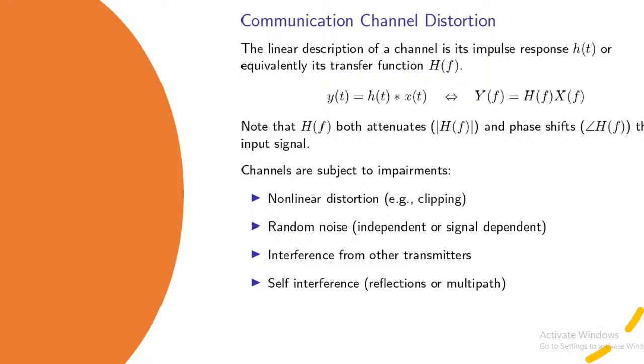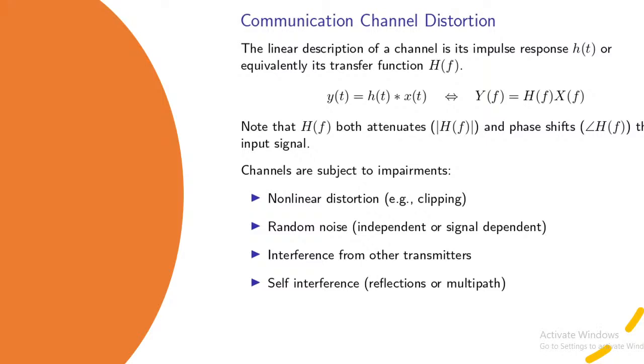So these channels where there will be distortion are subject to impairments or defects. Channels are subject to causing defects in the signal because of different things. One is nonlinear distortion because of the channel, like clipping, which we have seen. Some random noise may be introduced by the channel.